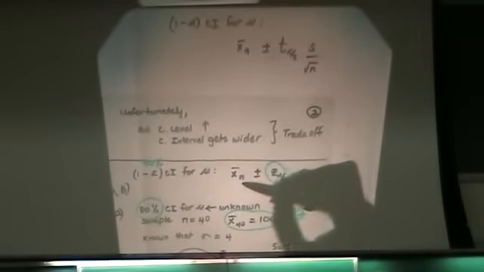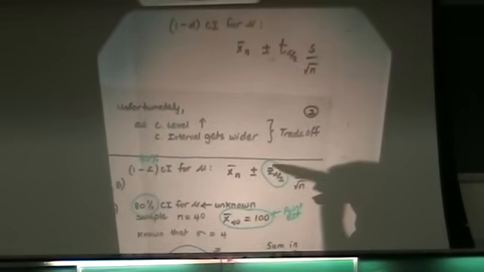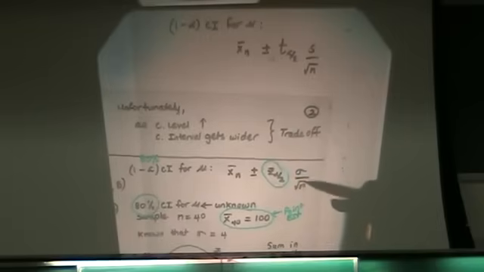This used to be the old formula: x bar n plus or minus z alpha over 2 sigma over rad n.